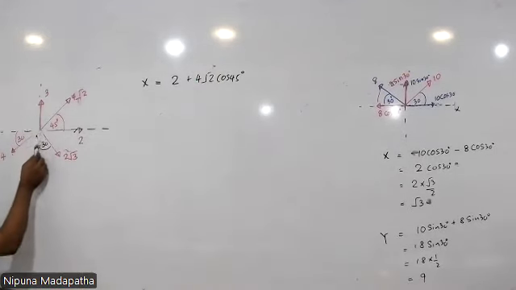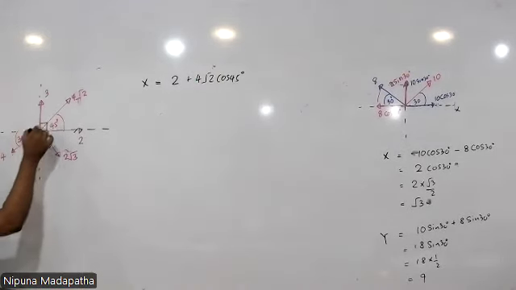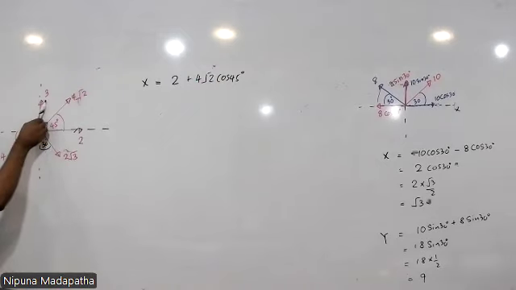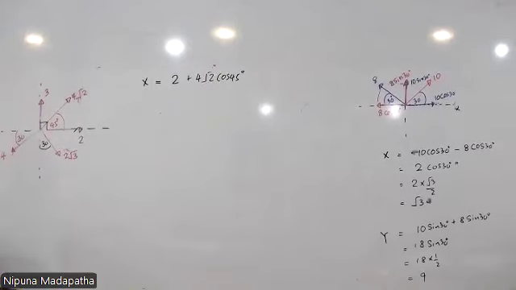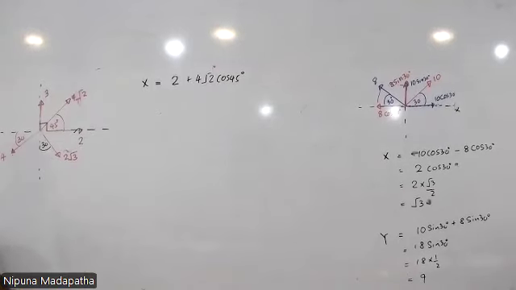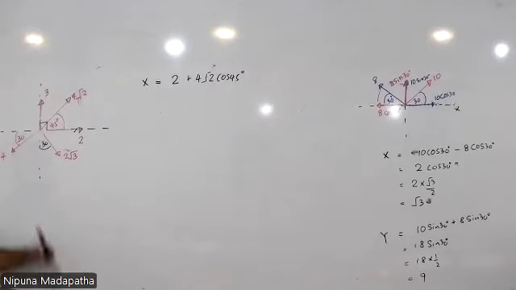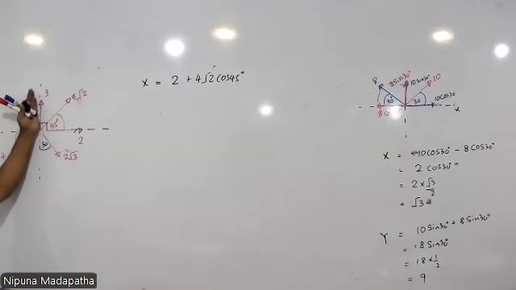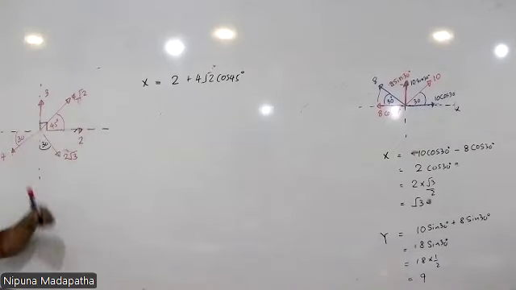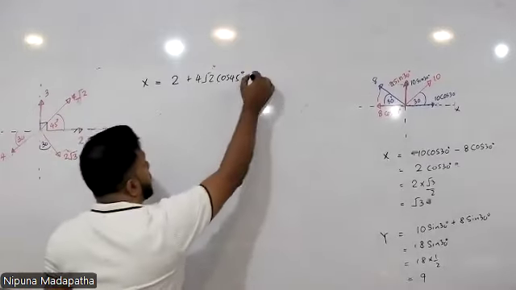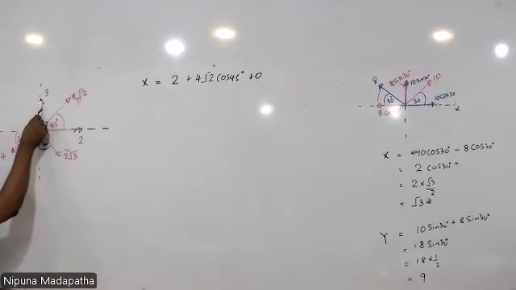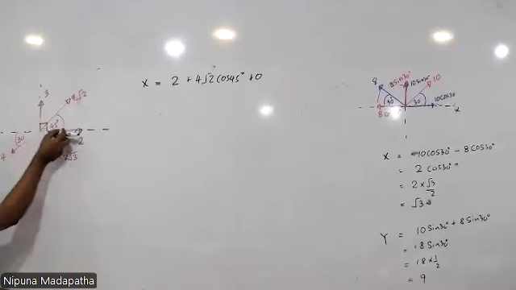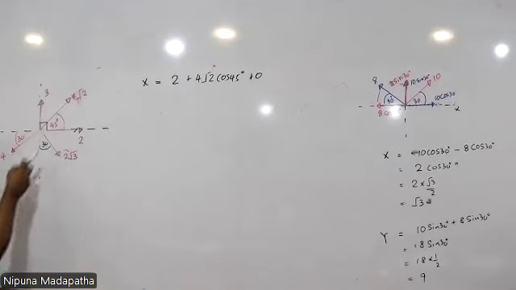Then come to here, 3. This angle is 90. Resolve this vector along the x direction: 3 cos 90. Cos 90 is 0. So the component of this 3 unit vector along this direction is 0. If we resolve a vector along the direction perpendicular to it, the component is 0.